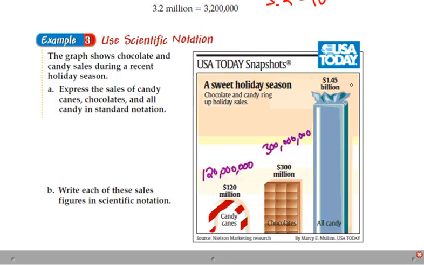And then 1.45 billion, excuse me, that would be 1,450,000... Sorry. If it was 145 million, that would be 145 all before that comma, but since it's 1.45 billion, it would be 1,450,000,000.